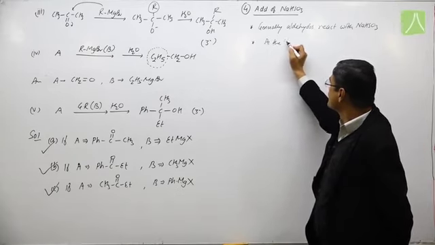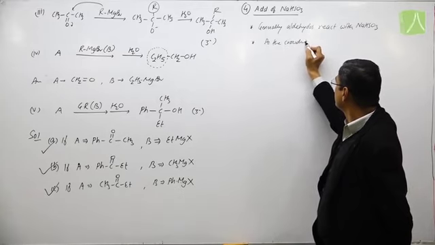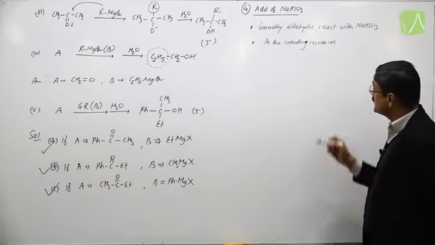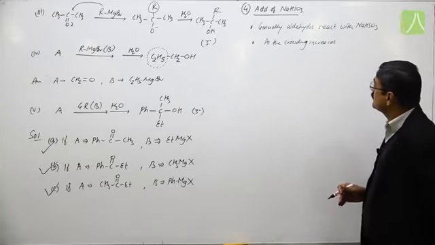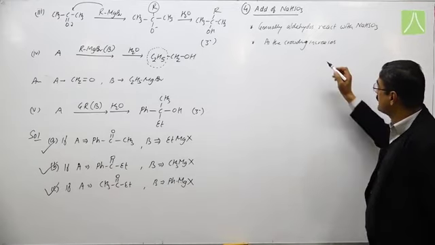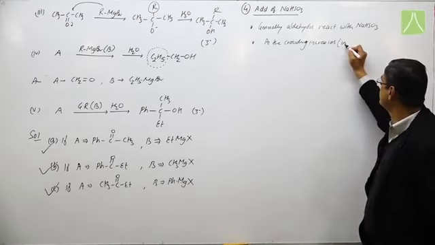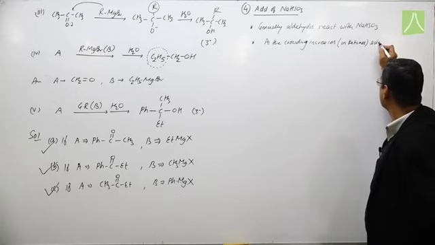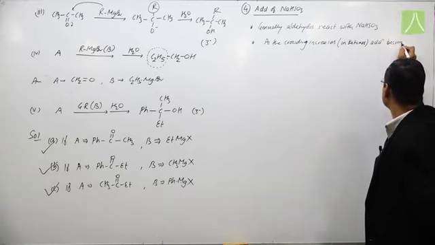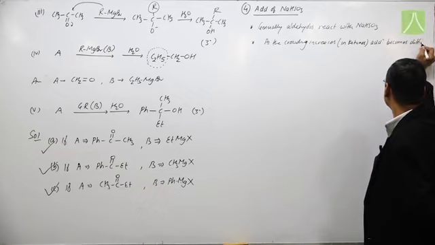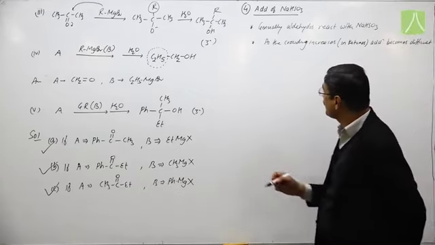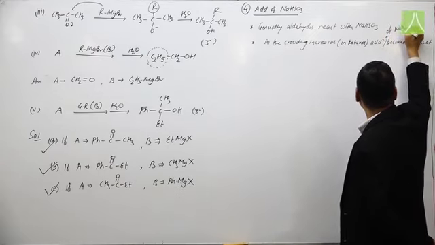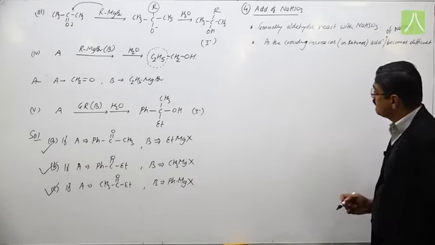As the crowding increases, the rate of addition decreases, and in this case addition does not take place very easily. So as the crowding increases in ketones, addition of sodium bisulfite becomes difficult.